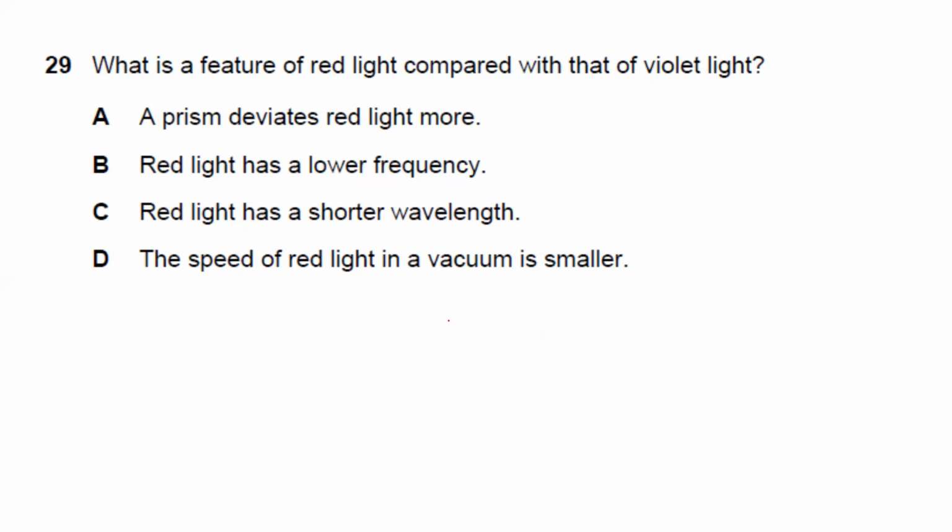Okay, so let's write down the rainbow spectrum. VIBGYOR. So this is your red light, this is your violet light. Remember, this spectrum is something around 400 nanometers to 700 nanometers.